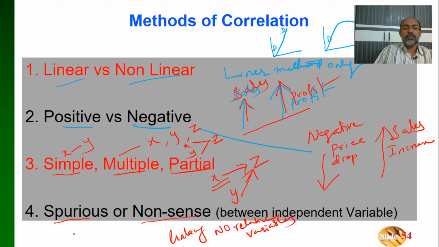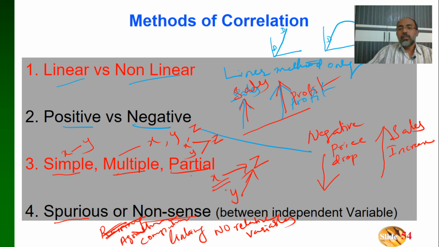Spurious means, for example, if rain affects agriculture, rain has an impact on agriculture, whereas if you ask about growth in computers and agriculture, there is no relation at all.